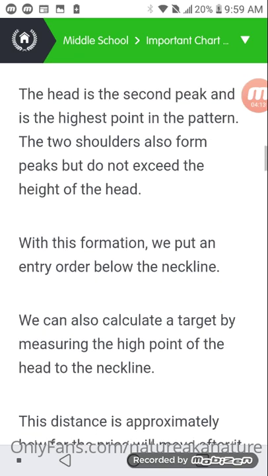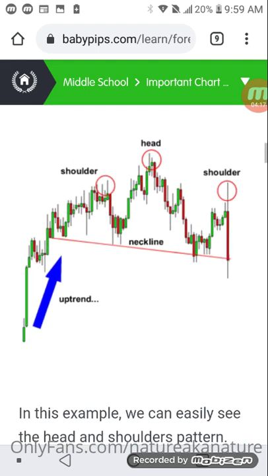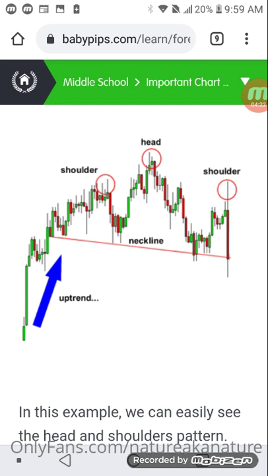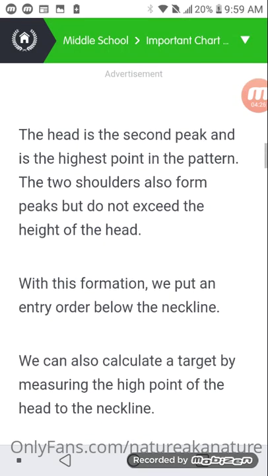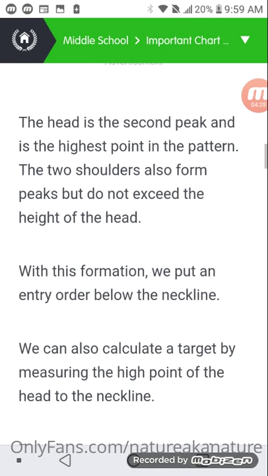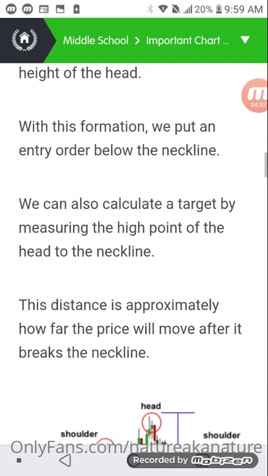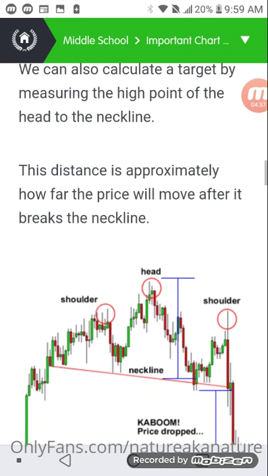With this formation, we put an entry order below the neckline, because it's a reversal pattern of an uptrend, meaning a downtrend wants to come. We also calculate a target by measuring from the high point of the head to the neckline. This distance is approximately how far price will move after it breaks the neckline.